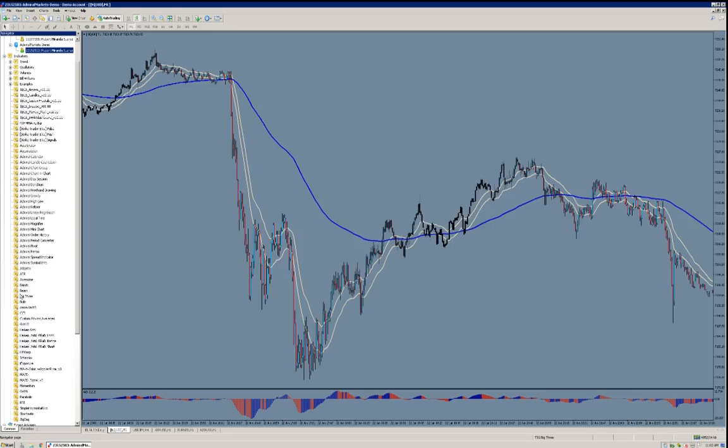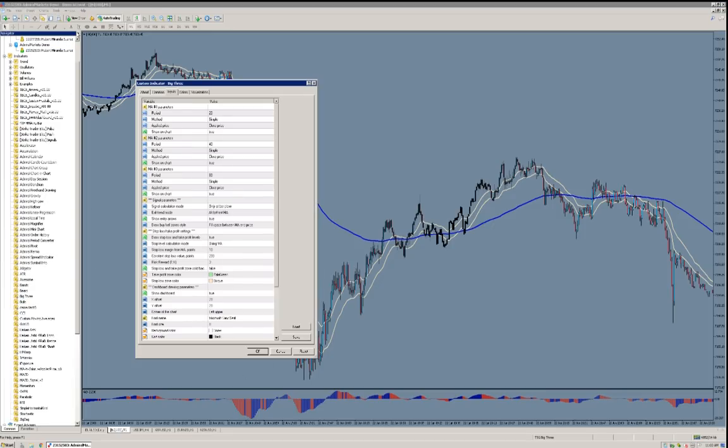What's good about this indicator from Trading Strategy Guides is that it visualizes things in a nice way. So I can change this now, say, to my strategy.